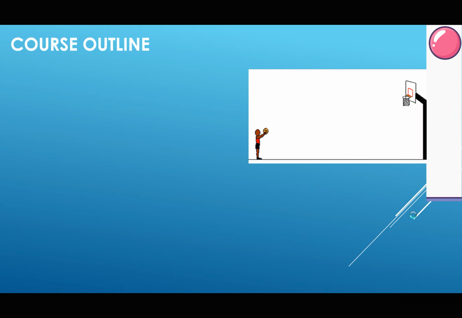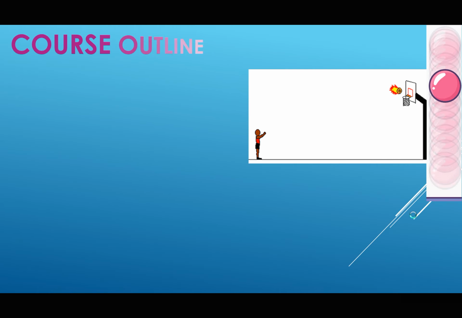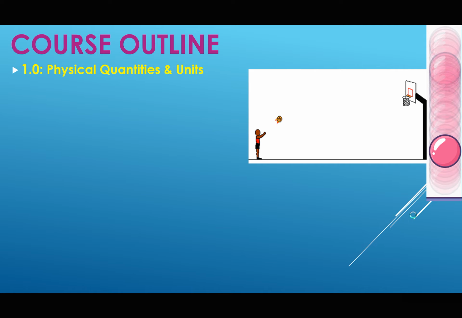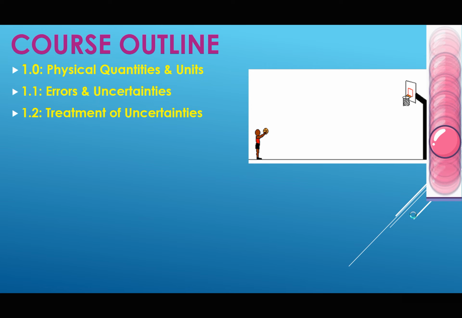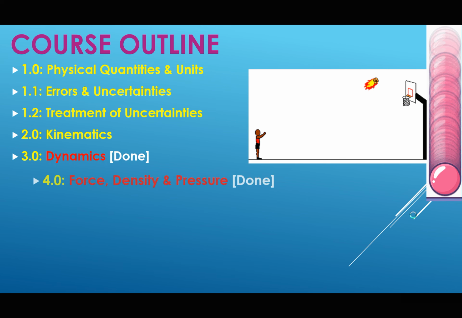Here is the course outline. Do not forget the course outline. We have physical quantities and units, which is supposed to be the first topic in AS Physics. We have errors and uncertainties, and treatment of uncertainties. All those lie in topic 1. Then we are currently dealing with kinematics. We have already done dynamics. We have done force, density, and pressure.